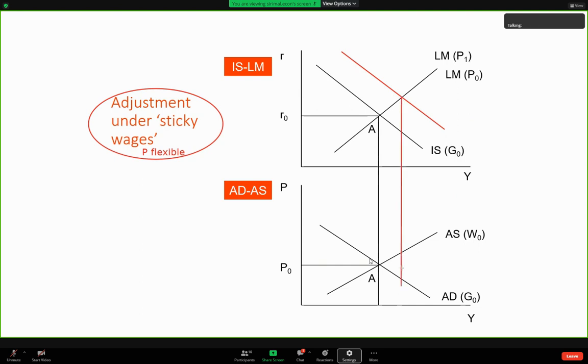We extend it all the way down to find out the exact increase in aggregate demand. Where do we draw the aggregate demand line? To this point. So it will be this one.